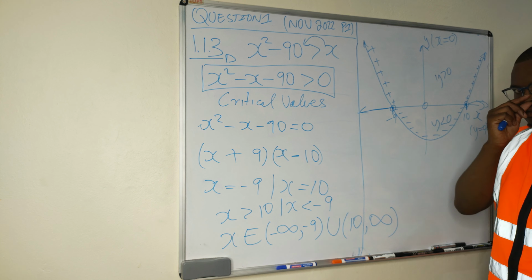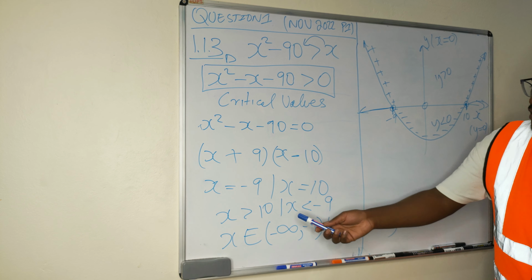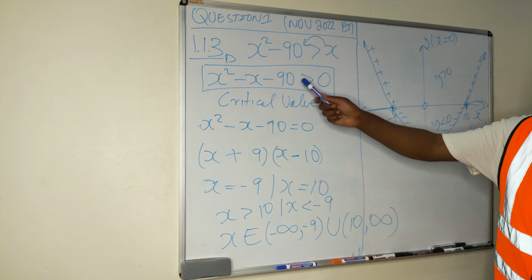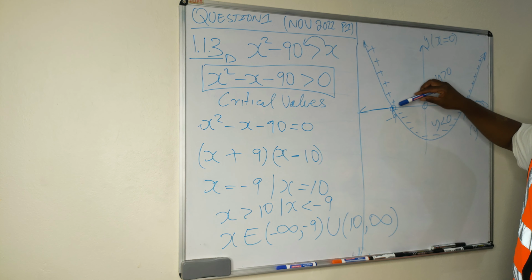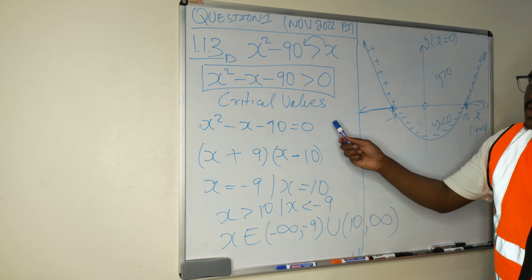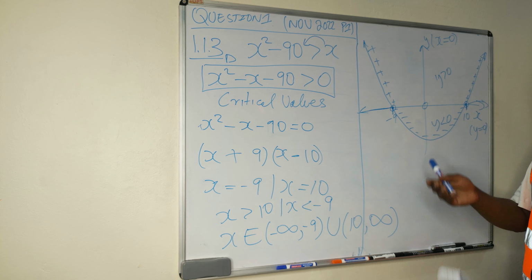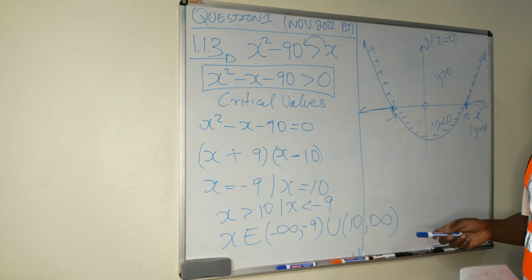That's what you're doing here. But you don't have to write this. Because our function is positive, greater than 0, here, the corresponding x values are these ones, less than minus 9, and here the corresponding x values are these ones, greater than 10. That's how you do this one. Then you move to the next question.